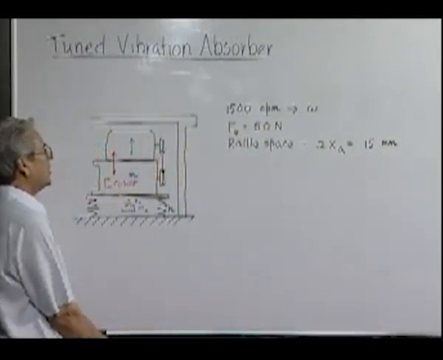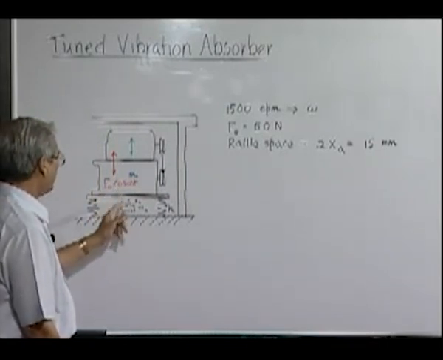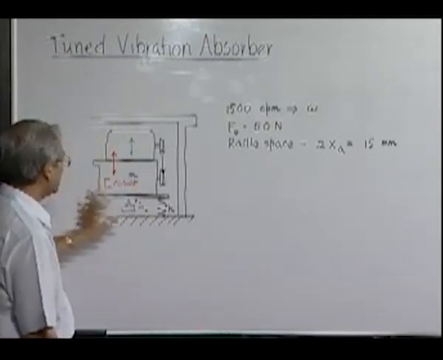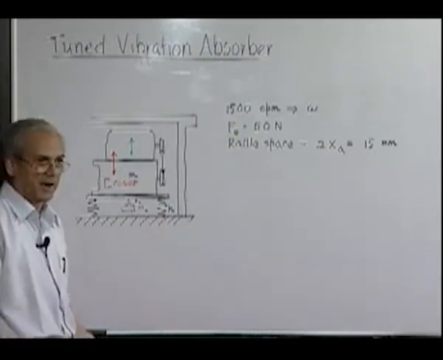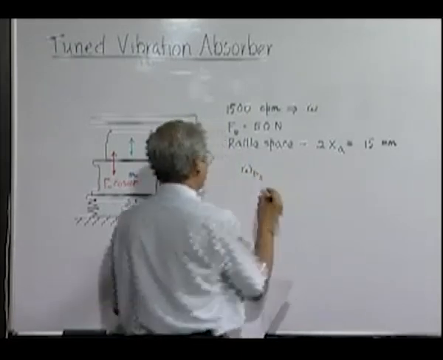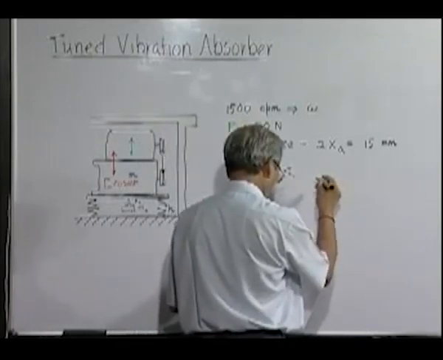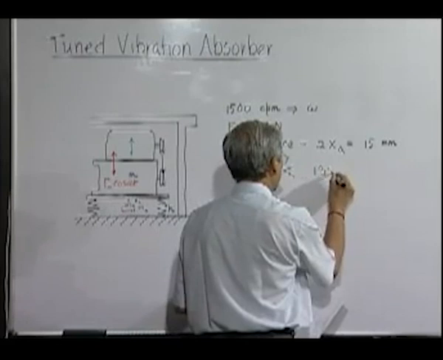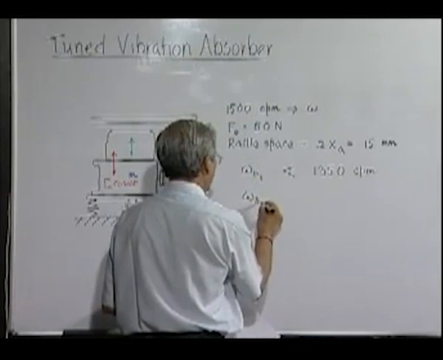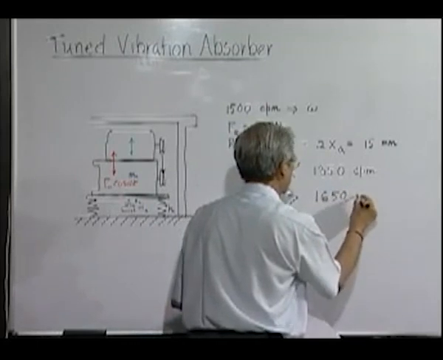Now, I hope you remember that it is also very important to see that after adding this absorber mass or absorber system, the natural frequencies of the resulting 2 degree of freedom system should be wide apart, and in this case it has been told that omega n1 should be below 1350 rpm, and omega n2, the other larger one, should be above 1650 rpm.